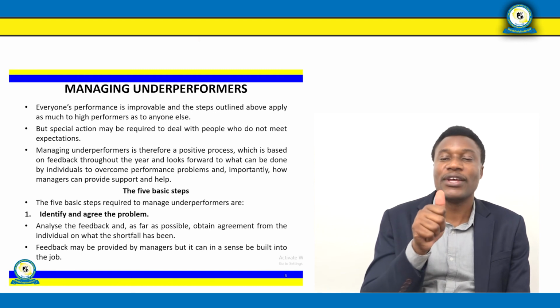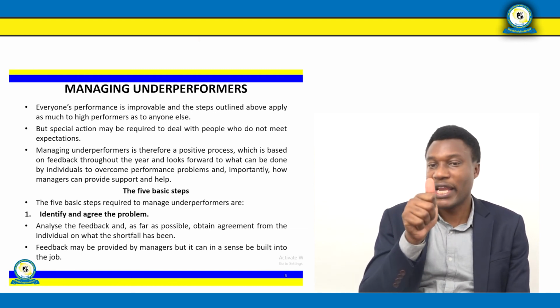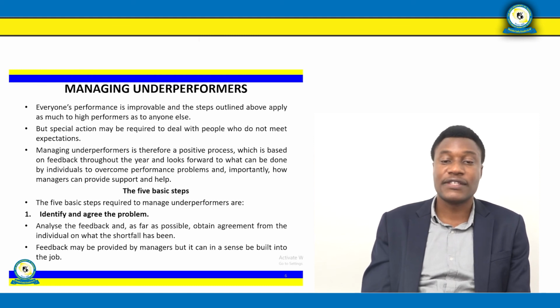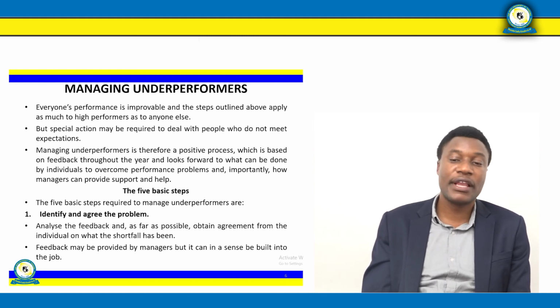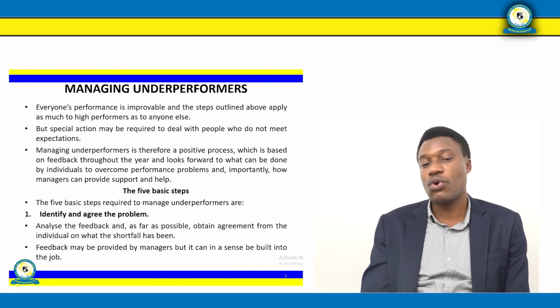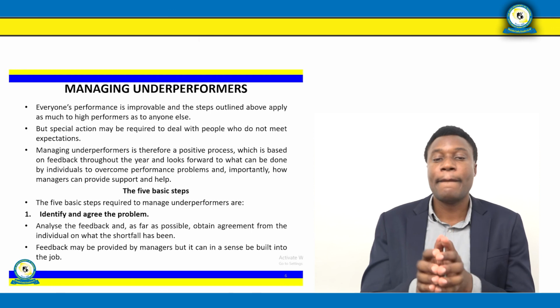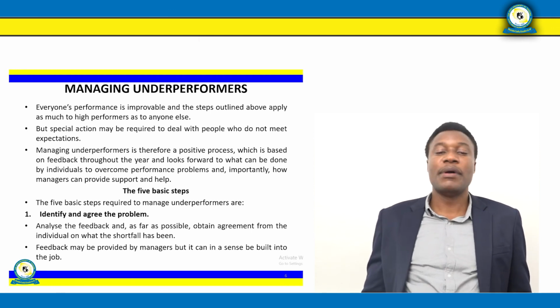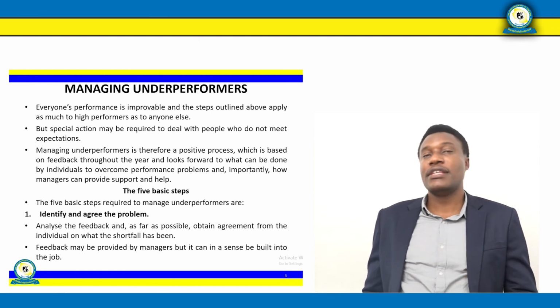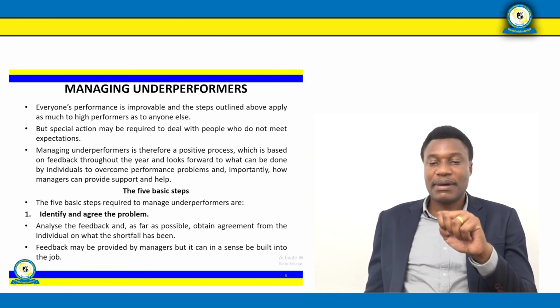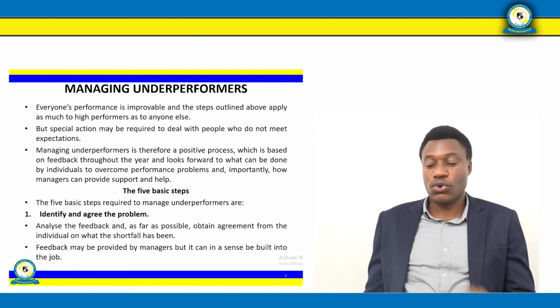It is step 1 toward the improvement of underperformance. Analyze the feedback as far as possible. Obtain agreement from the individual on what the shortfall has been. Feedback may be provided by managers, but it can, in a sense, be built into the job.